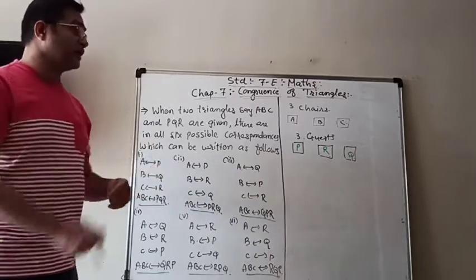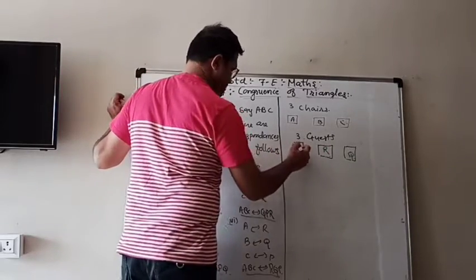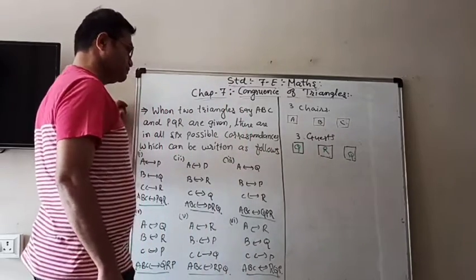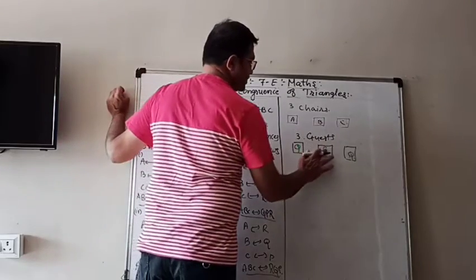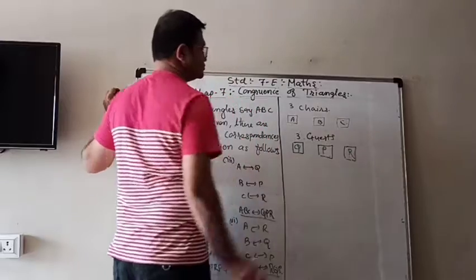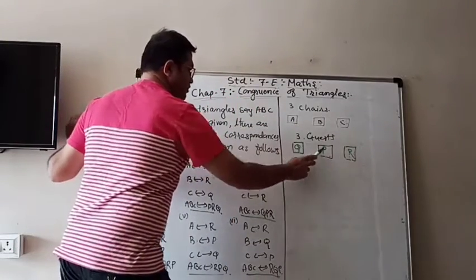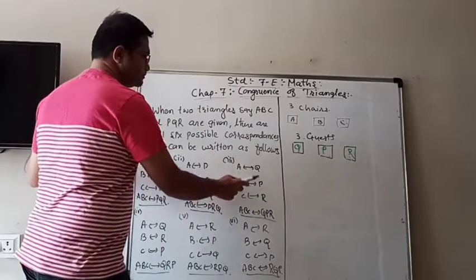Now they want to change again. Then in place of P, Q is coming, and P is going here and R is going here. Then what correspondence will there be? ABC corresponds to QPR.